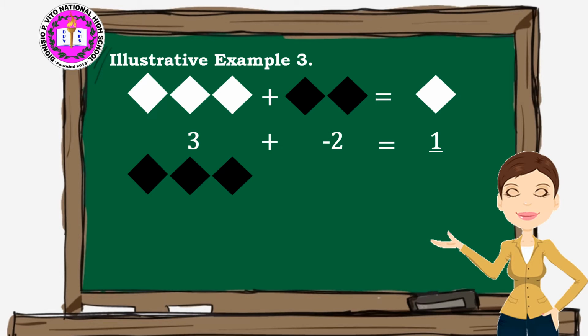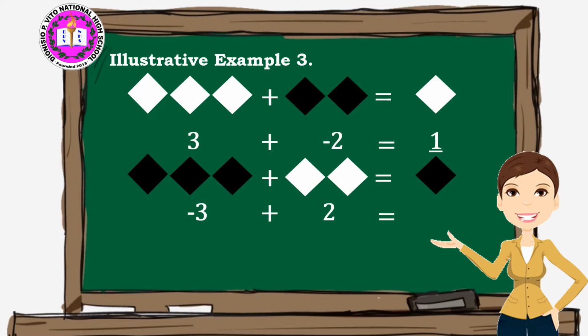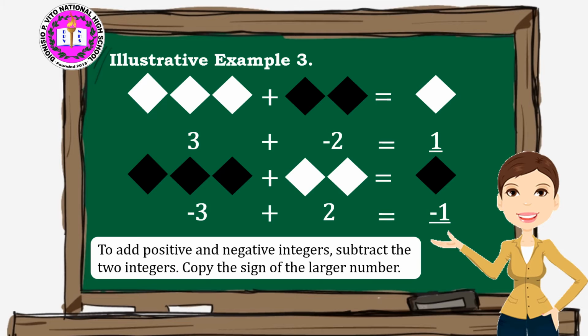So we have 3 black diamonds plus 2 white diamonds equal to 1 black diamond. So we have negative 3 plus positive 2, which is equal to negative 1. So to add positive and negative integers, subtract the two integers, then copy the sign of the larger number.